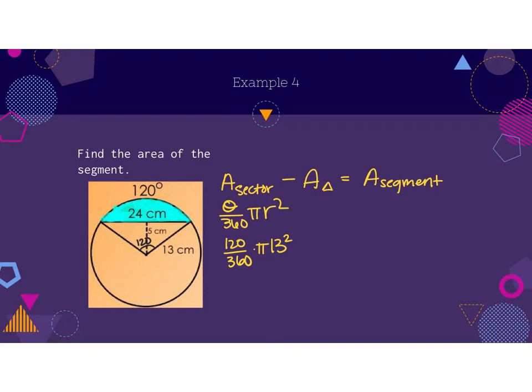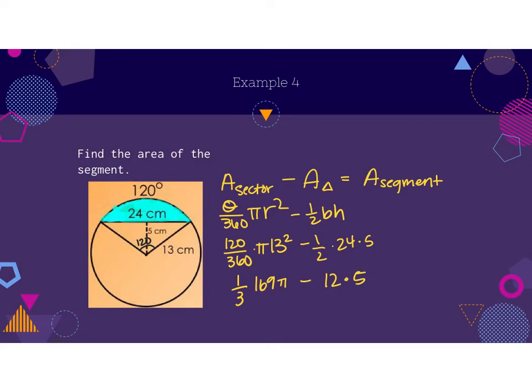Now let's add on. We're going to subtract away the area of the triangle. Remember, 1/2 base times height. So if we look at our triangle, we have 1/2, we need the base, which is 24, and then we need our height, which is 5. So now we're just going to simplify. 120 divided by 360 simplifies to 1/3. 13 squared is 169 times pi, minus 1/2 times 24, which is 12, times 5.